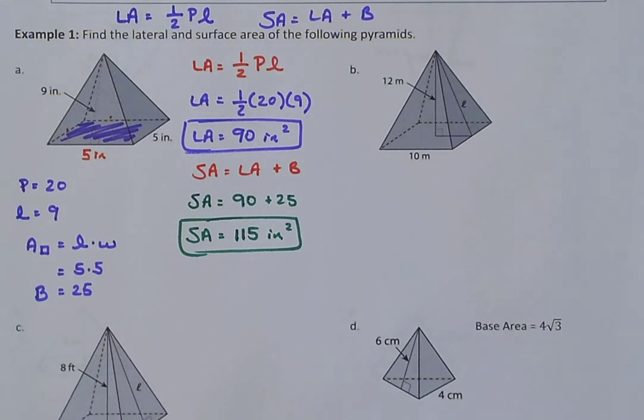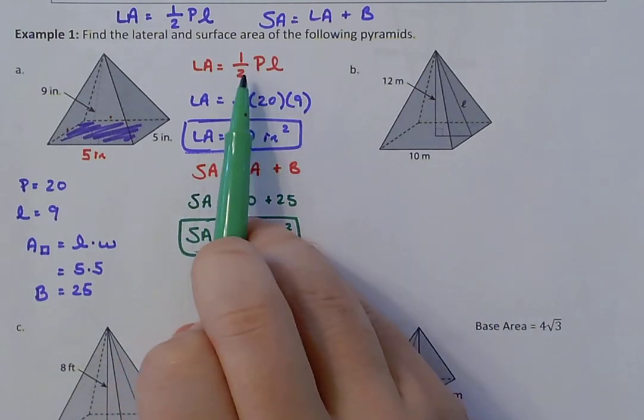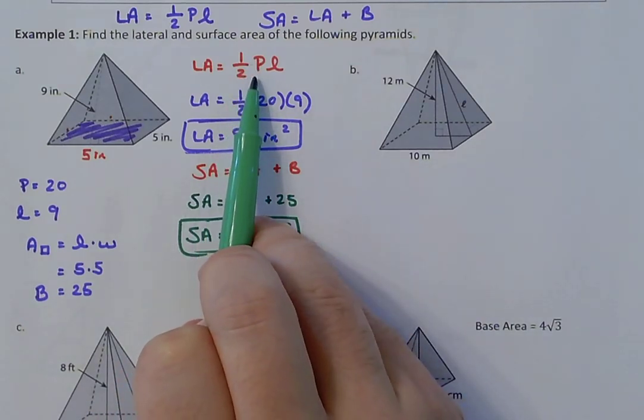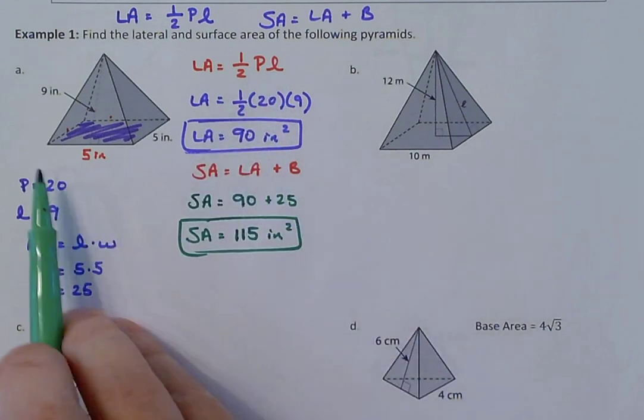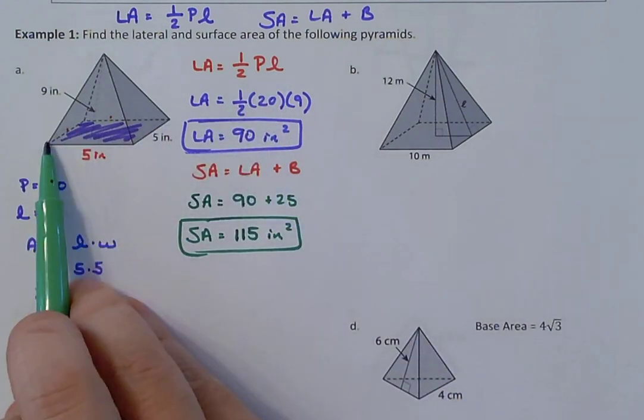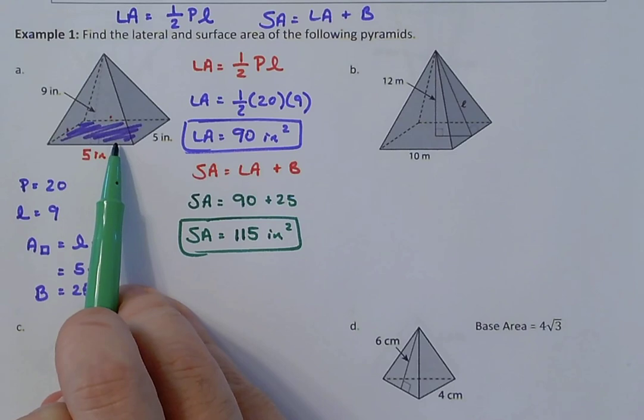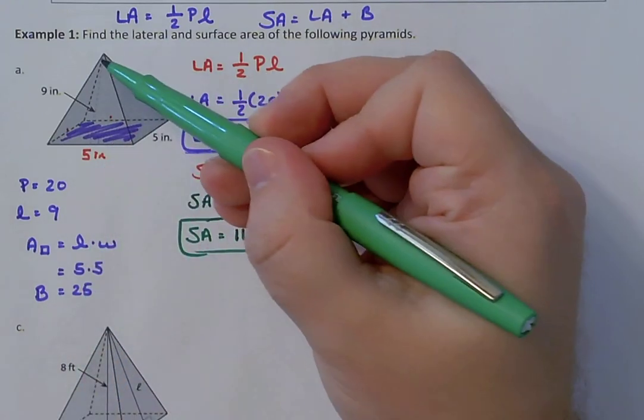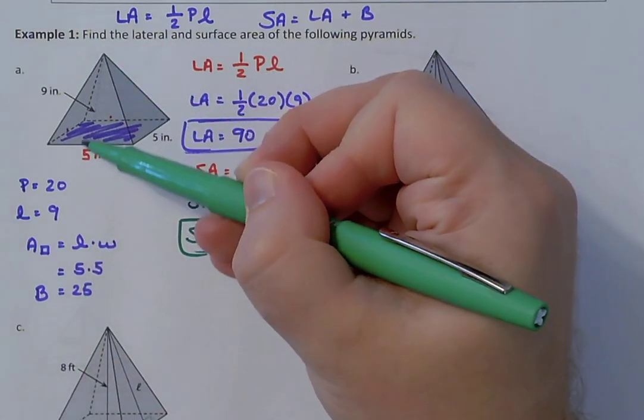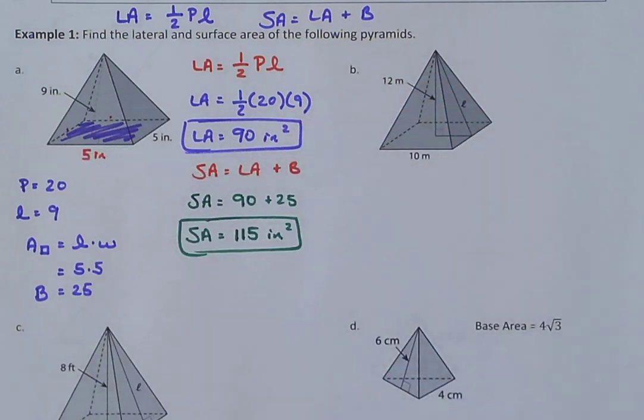All right, so that is going to be our focus for today in how you solve these problems. Lateral area is 1/2 times the perimeter of the base times the slant height. Perimeter of the base is adding all the sides of the base up, and the slant height is the length along the face of the pyramid.